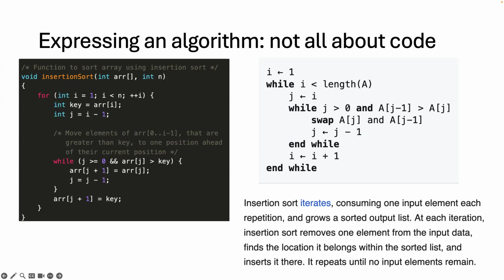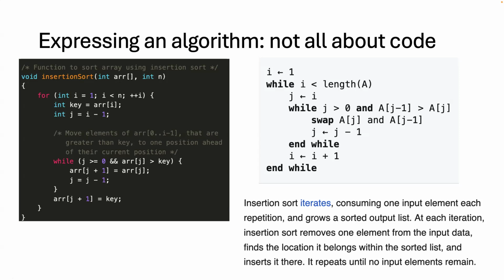We can either write actual code that we can run, or we can write pseudocode, which is like a higher level version of here's what we're trying to do. Or we can say it in plain text: here's what the algorithm that I'm designing will be able to do. Different ways to express the same idea.